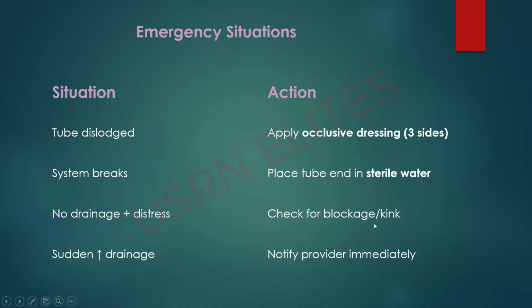So you have to make sure that the tube is not kinked, there are no blockages, and that the collection device, or the system itself, is below the heart level so that it can facilitate actual drainage, right? And when there is a sudden increase in the drainage, you have to notify your provider immediately.